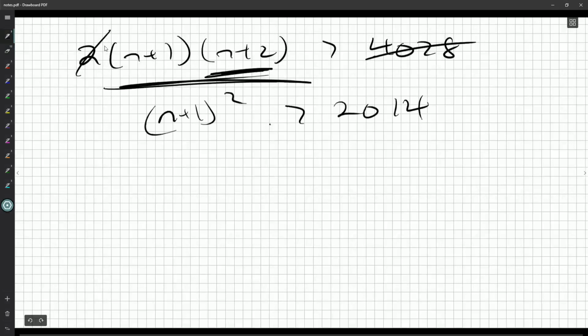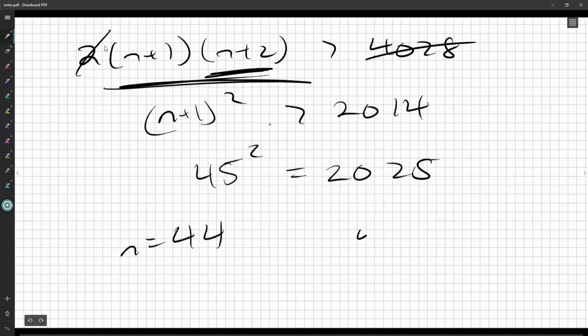What's the smallest square greater than 2014? 45 squared is 2024, so n equals 44 will work. Could something smaller, could n equals 43 work? So we'd be looking at 44 times 45. Is that bigger than 2014?